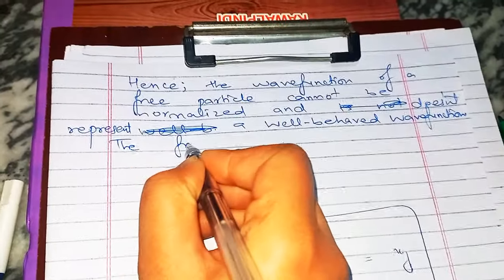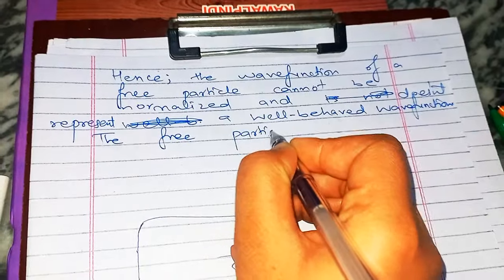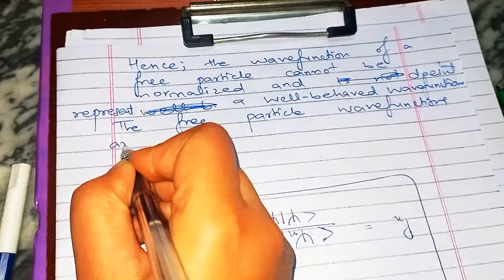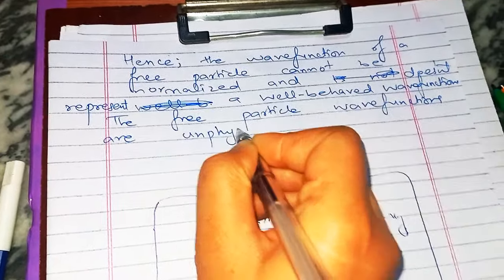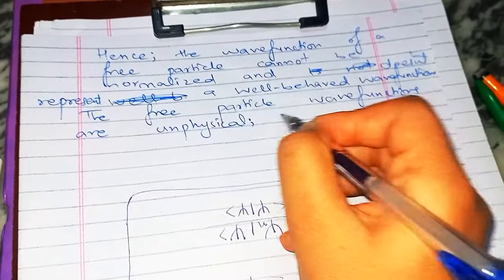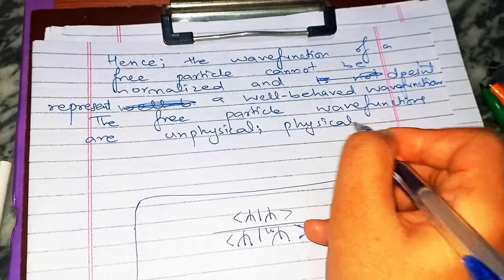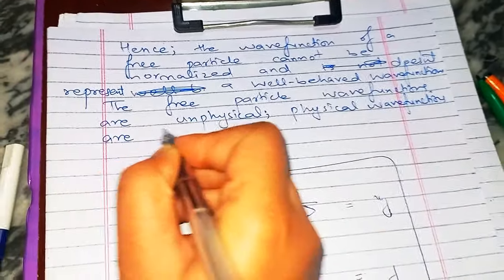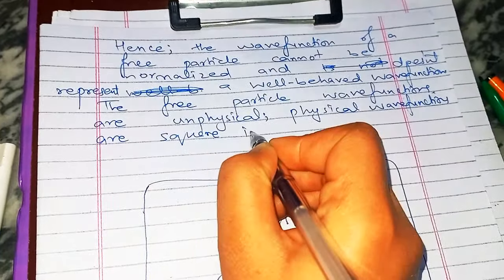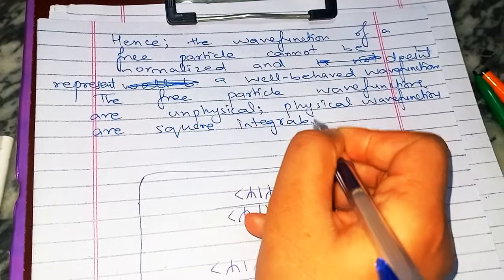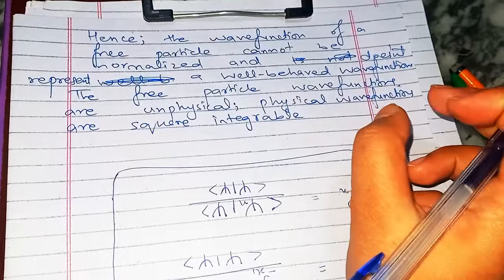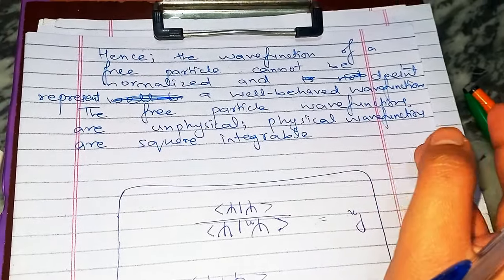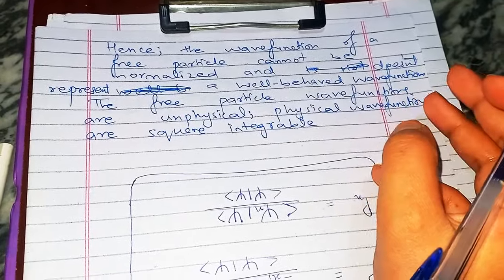The free particle wave functions are unphysical because physical wave functions are square integrable, which means that the probability density function and its integration over whole space is a real number, and it is never infinity.